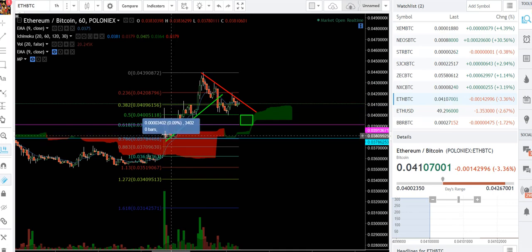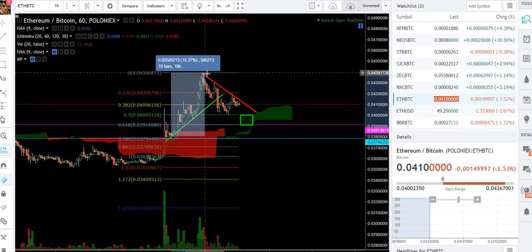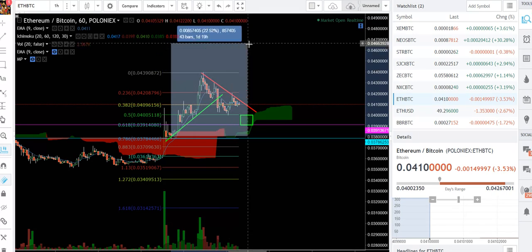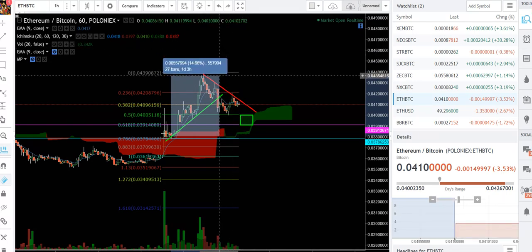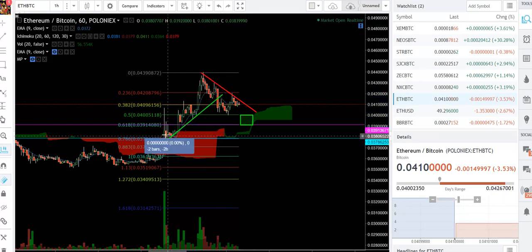So that means if you put 1 Bitcoin in here, you're up like 4 Bitcoins, let's say, by this point right here. And by the time it got to 0.08, you could be up 40 Bitcoins. But that's because you planted yourself right here and just held. And to be able to do that, you have to hold through all of the ups and downs.